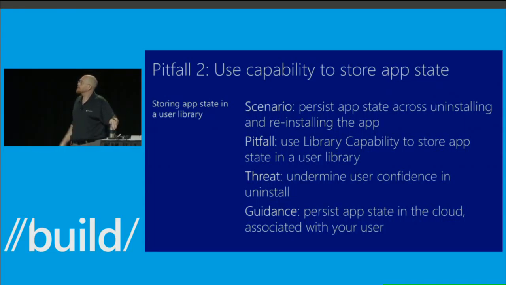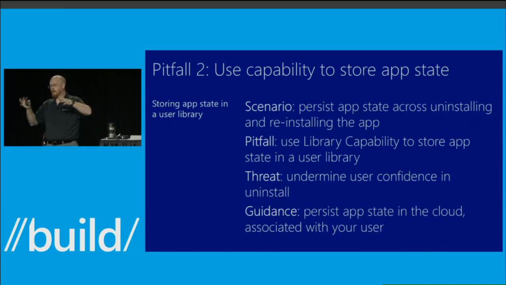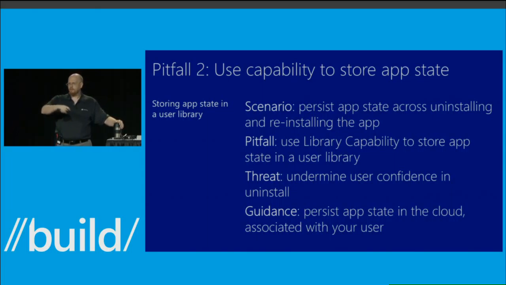Pitfall 2 is using a capability to store your app state. Every app gets its own app state folder that we just give to you. You put your app state there. It does nice things, like it gets roamed through the cloud to the user's other PCs. So, for instance, if I have my high scores on this PC and then I go use my tablet, oh, look, there's my high scores and my levels and all the state that you want.